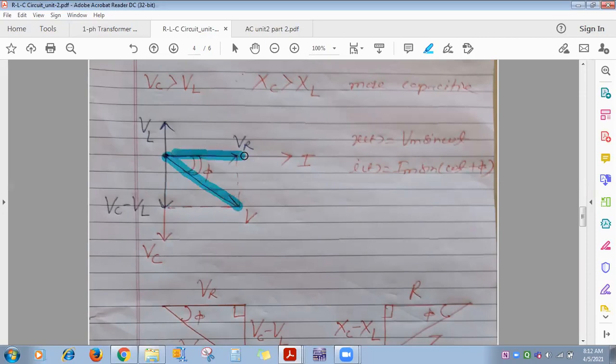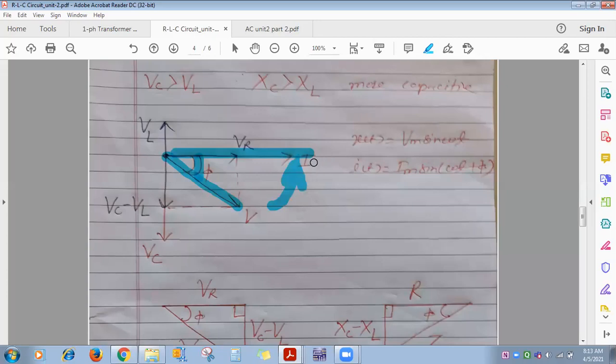So if you observe this phasor diagram, you can find there is a phase difference between current and voltage, phi. This phi is always greater than 0 degree and less than 90 degree. In between it will be 0 and 90 degree. Okay, so if you see here, you can find a leading parameter in a phasor diagram we measure in the anti-clockwise direction.